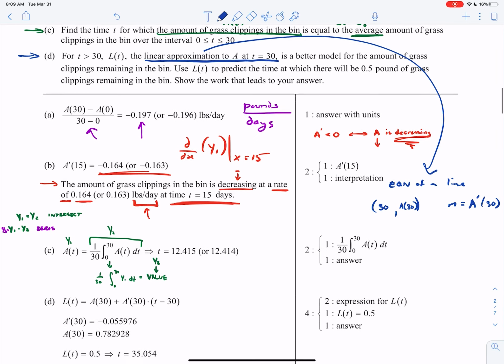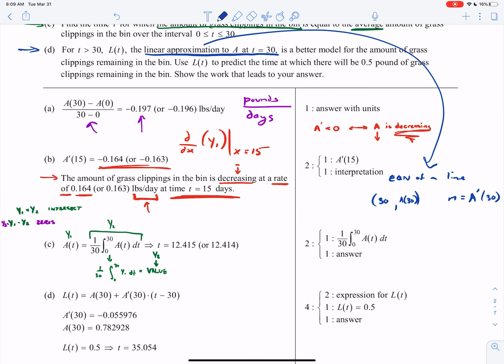I'm going to cheat a little bit. A prime of 30 comes out to about negative 0.056, and A of 30 is really just 0.783. You pretty much have your point and your slope there.